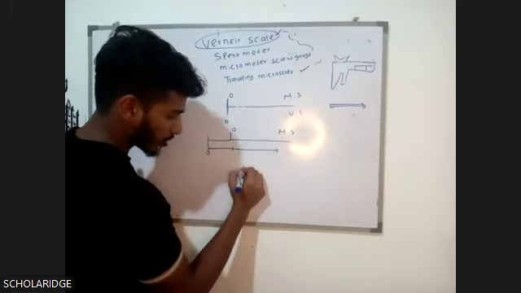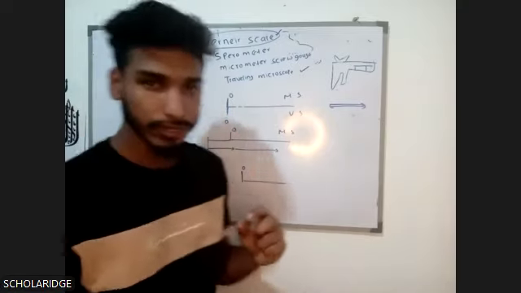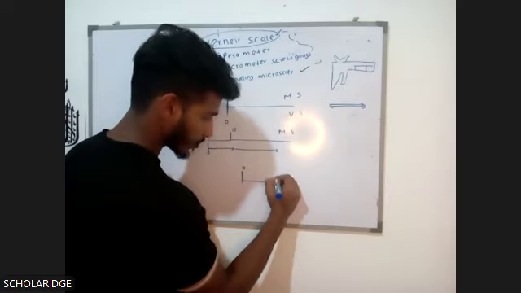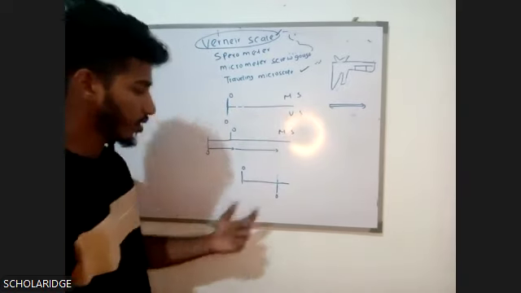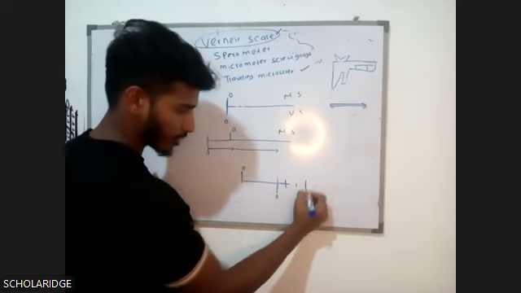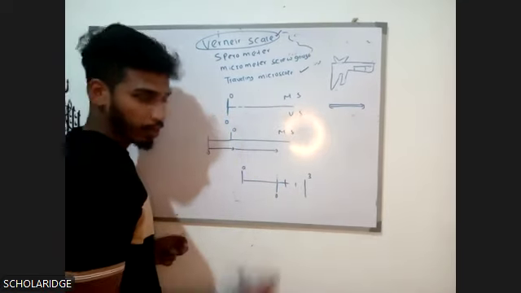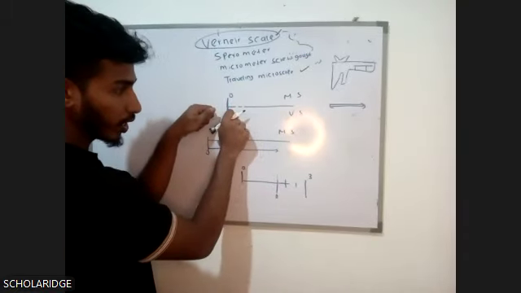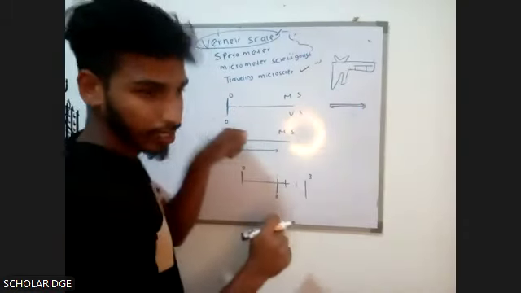But for someone who is unknown with the zero error, might get the idea that whatever value used to coincide, this is the measurement, like 3. But you should understand, if it was starting from 0, it should have gone a far distance, right?